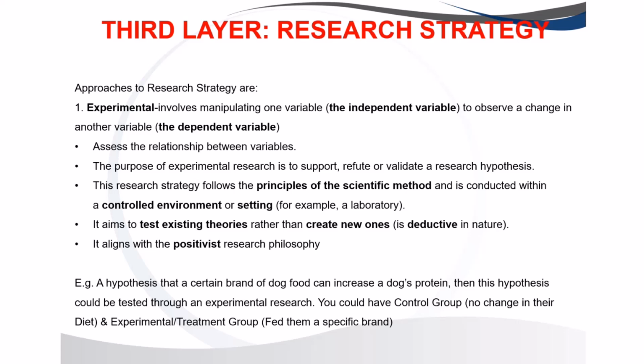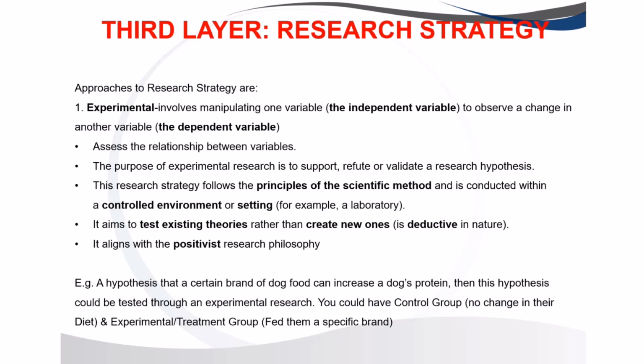You have your control group where you give your dog the same brand, or the same diet. Then you have an experimental one where you feed them a specific brand now, so that you can check this hypothesis. And if you can put it in a more practical way, those who have pets, like dogs, cats, and so on, we give them the same brand.